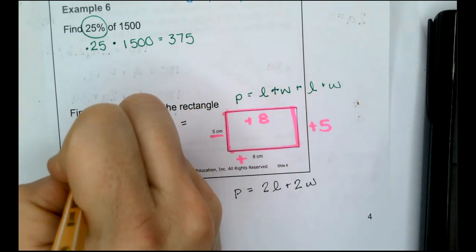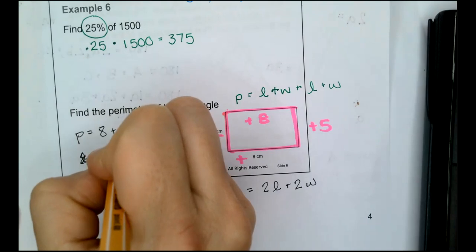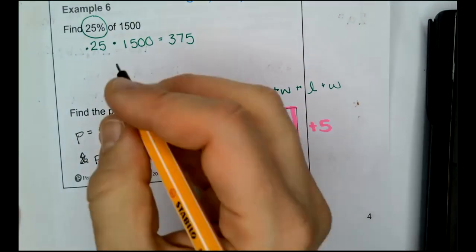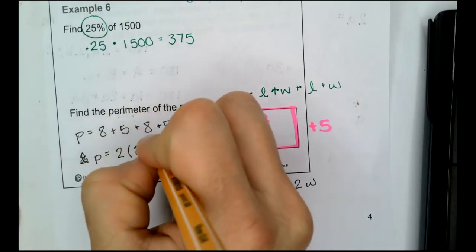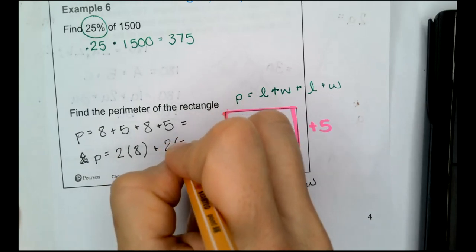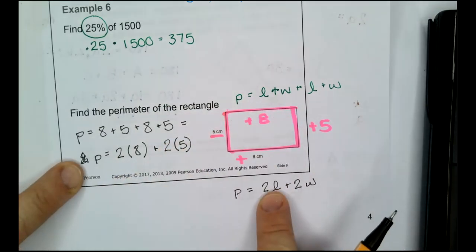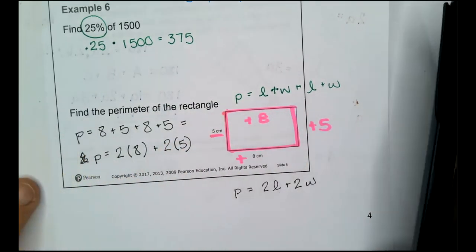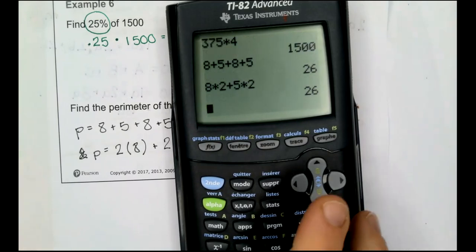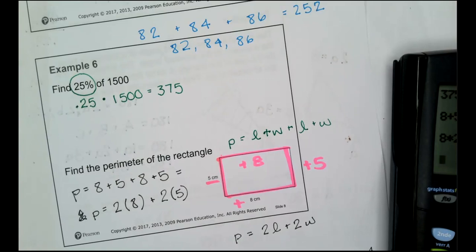Or we could say that that's 2 lengths, 2 eights, and 2 widths. So that's that equation. That's that equation. Either way, you get 26 centimeters. Good?